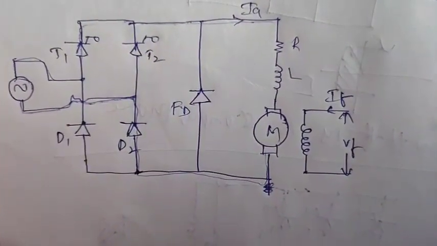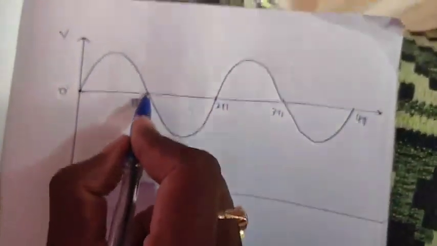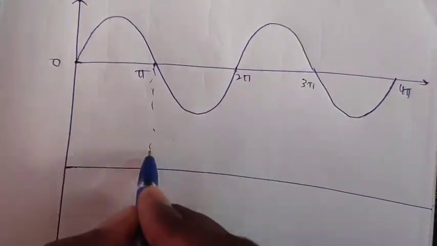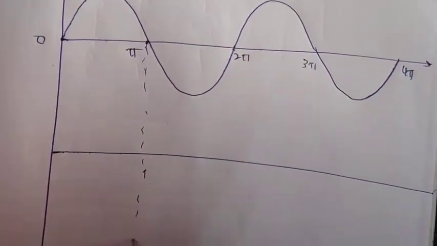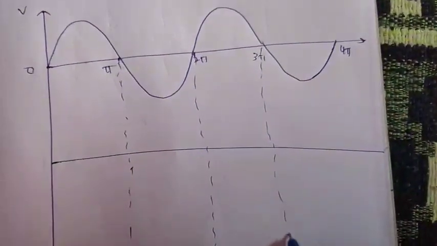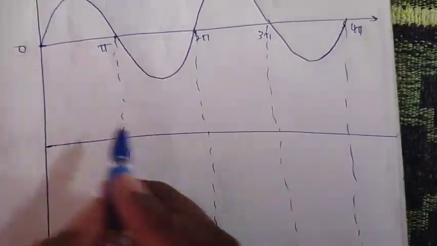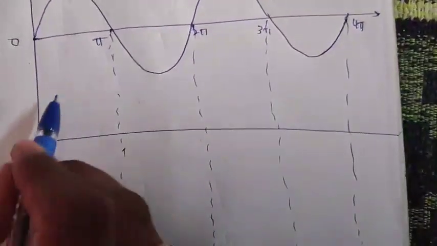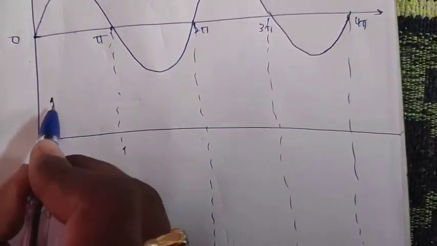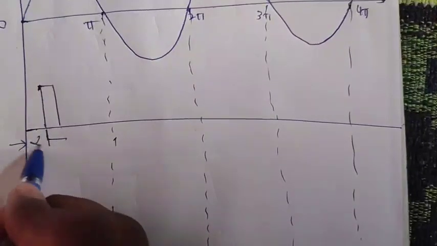This is the path. Suppose I give the firing angle at alpha, with pi, 2 pi, 3 pi and 4 pi marked.